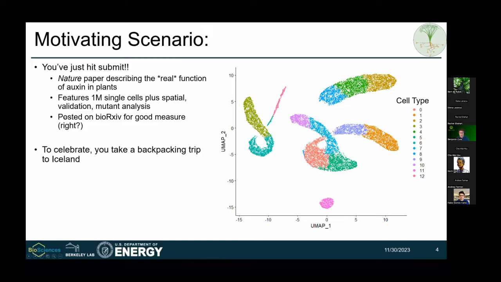And of course, you posted it on bioRxiv because you're really excited about it and wanted everybody to read it before it goes public. Then, to celebrate 3 years of hard work in the lab and at the computer, you take a backpacking trip to Iceland to relax and get some R&R while the reviews are tearing your paper to shreds.